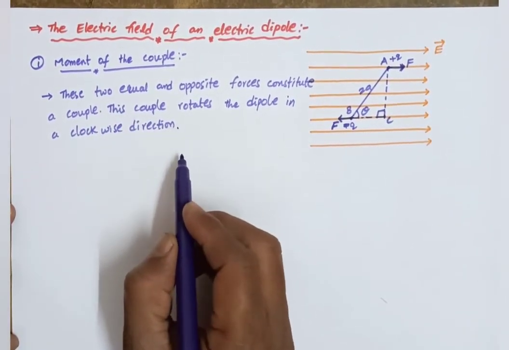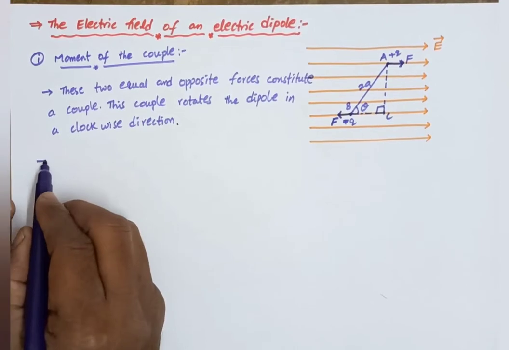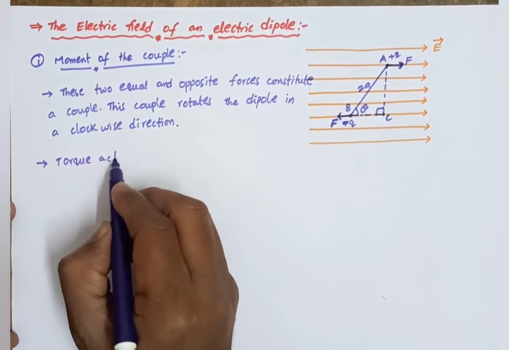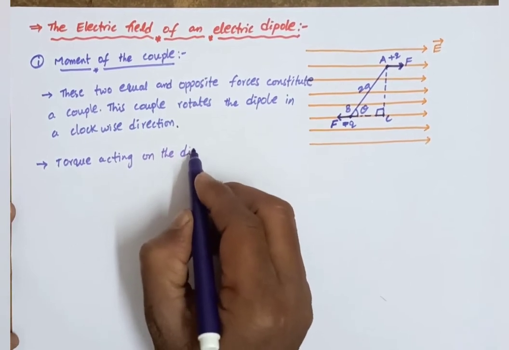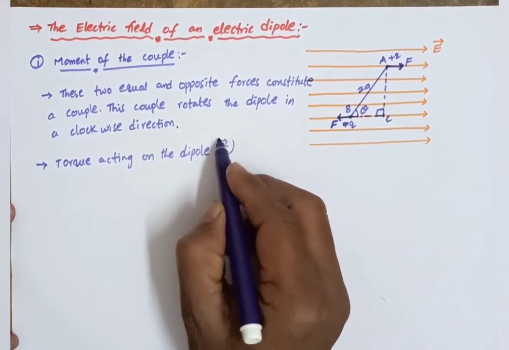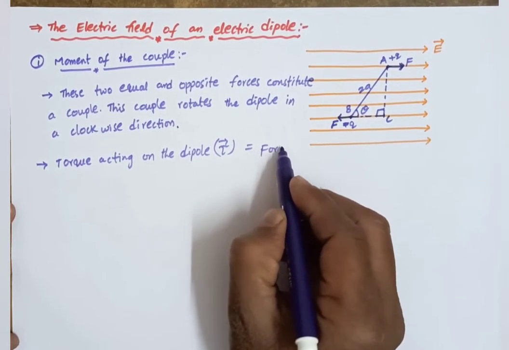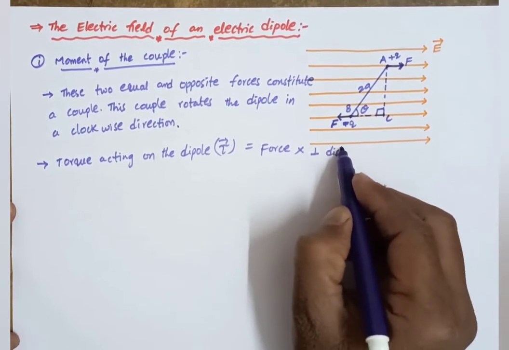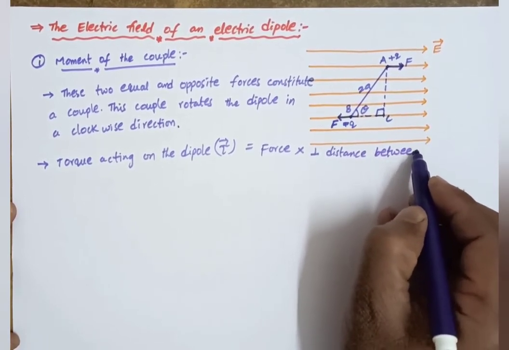So then torque acting on the electric dipole is denoted by tau. So tau bar equals force into the perpendicular distance between the forces.